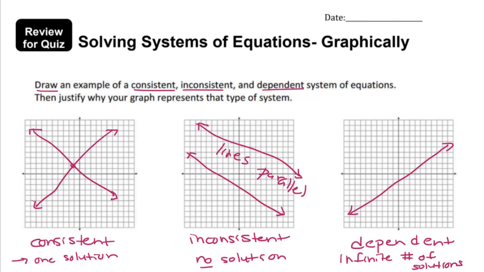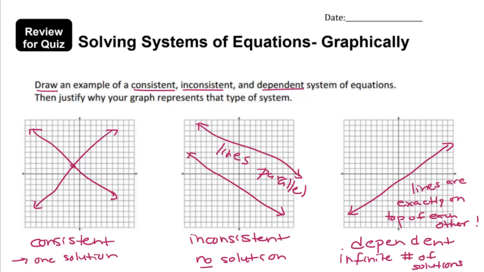Be sure you spell it right: I-N-F-I-N-I-T-E. Infinite number of solutions. So the lines are exactly on top of each other. So you can only see one line, but there are actually two.